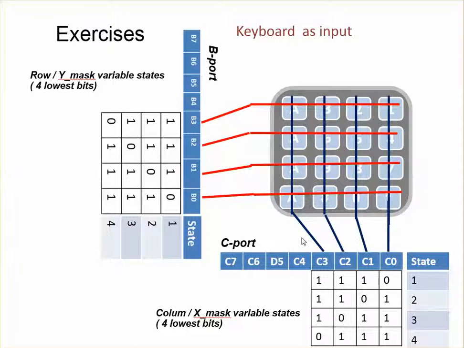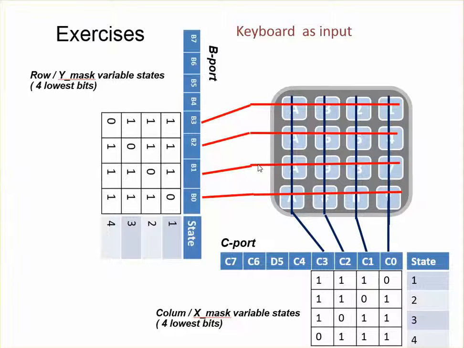So how do we do this scanning, how do we change the earthing for different rows? Here is the basic idea. There are 4 states and we will have 4 rows here. If we control the P port so that the lowest bit is 0 and the rest of the bits are 1s, that means this line is 0 volt and the others are plus 5 volt.